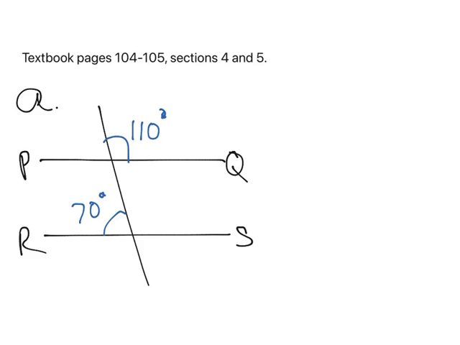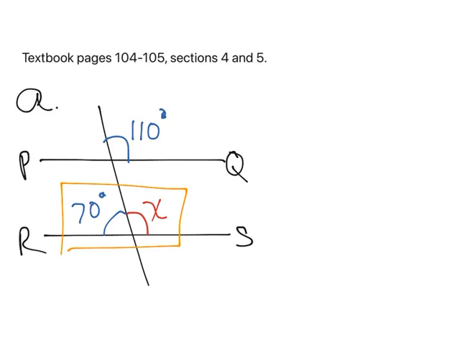So let's think about that. How are we going to determine if PQ and RS are parallel? Well, I want you to think about the stuff we already know. We know that a straight line equals 180 degrees. So let's look at this section here and find this angle.